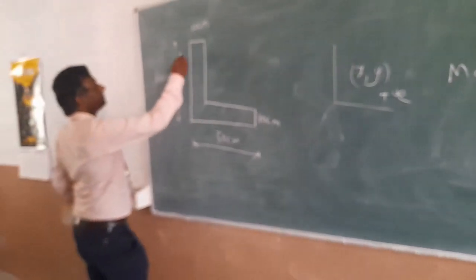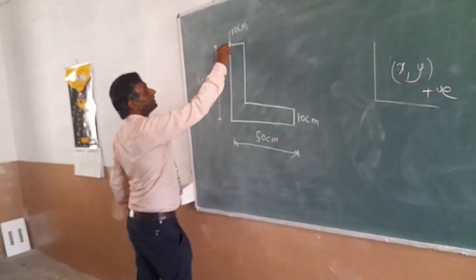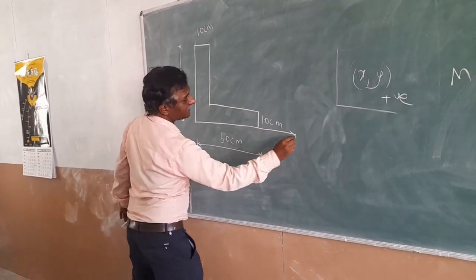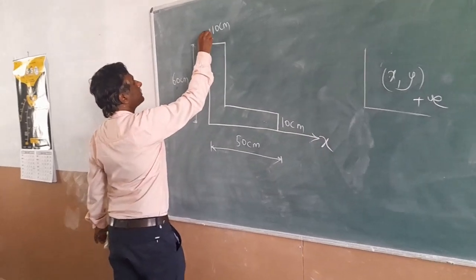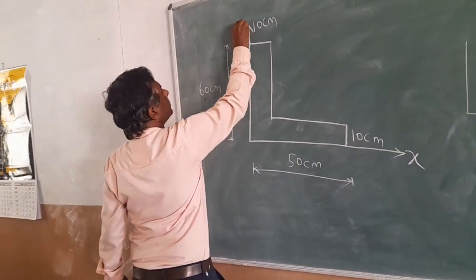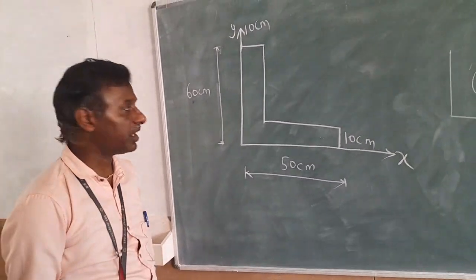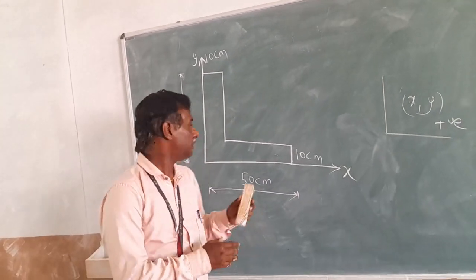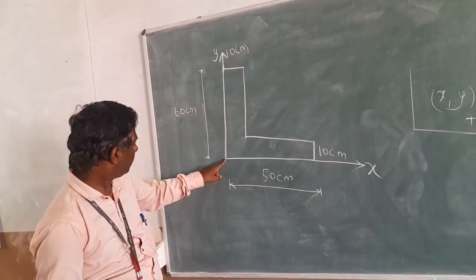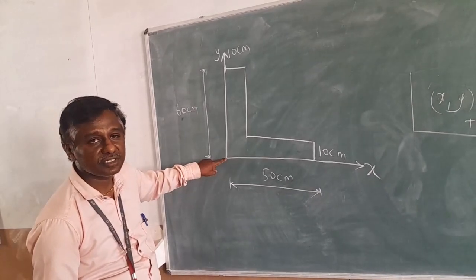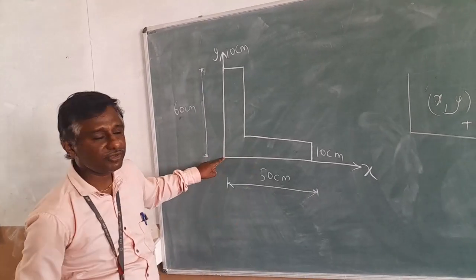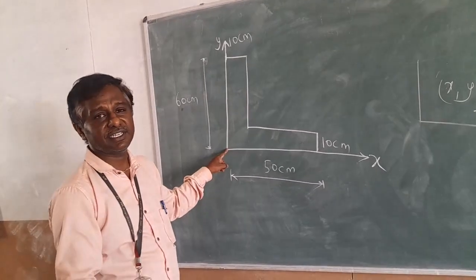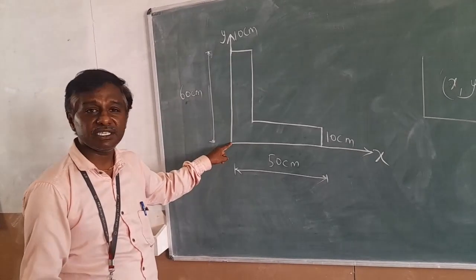So consider the left extreme end and the bottom extreme end. This is the x axis and this is the y axis. This is the methodology to be taken into account for finding the centroid. This point is the origin, like in the letters I told you. This is the point from where I am going to measure the values for x and y.